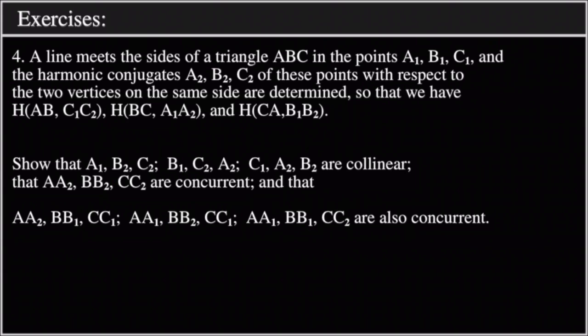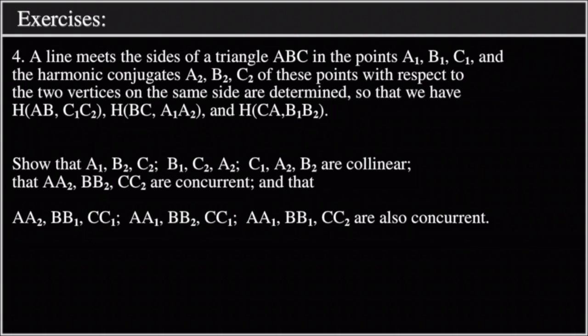4. A line meets the sides of a triangle ABC in the points A1, B1, C1, and the harmonic conjugates A2, B2, C2 of these points with respect to the two vertices on the same side are determined, so that we have H(AB, C1C2), H(BC, A1A2), and H(CA, B1B2).